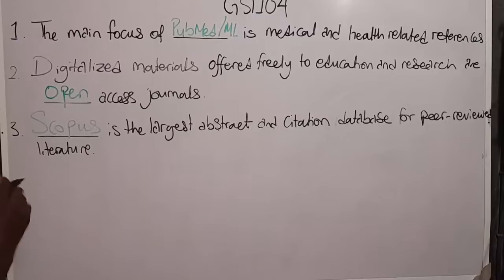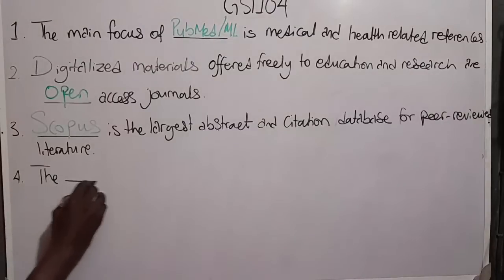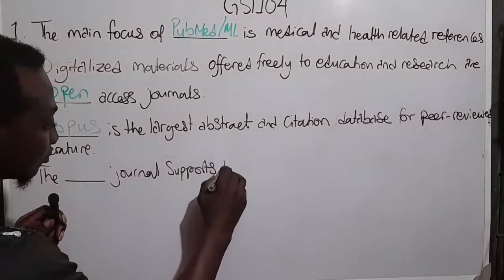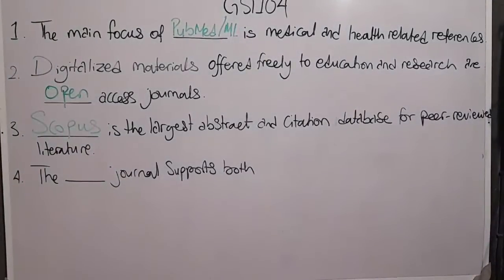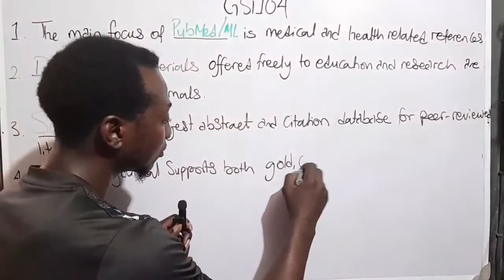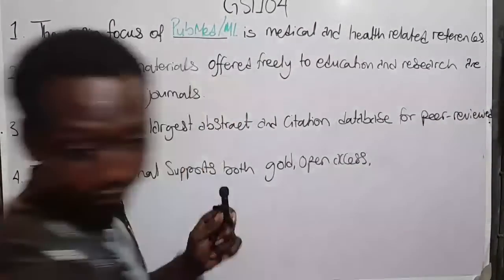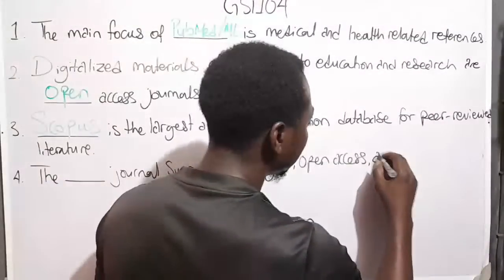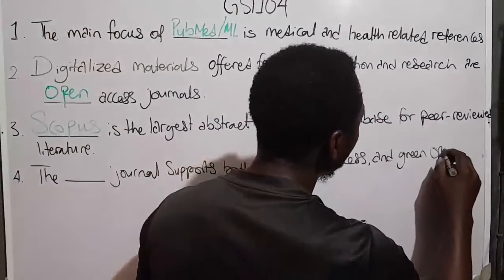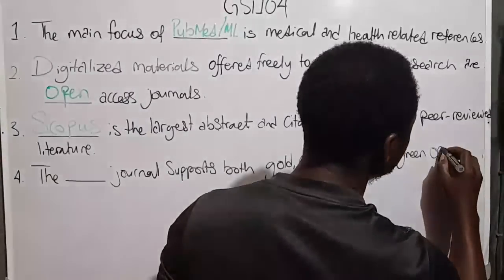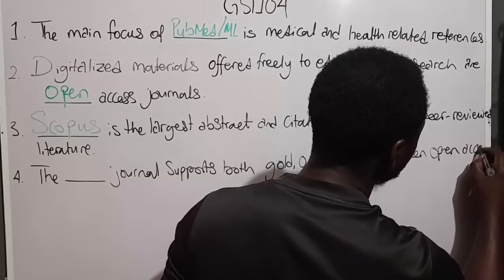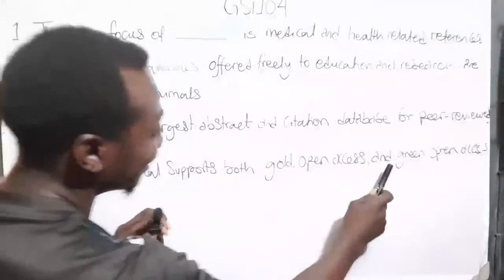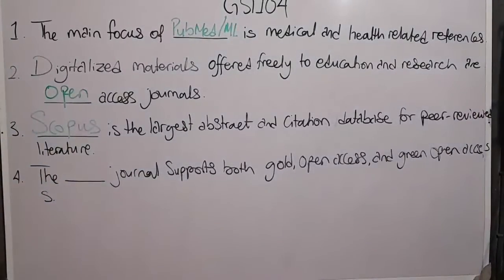Let's put it this way: the Dash Journal supports both gold open access and green open access. Which journal supports this?